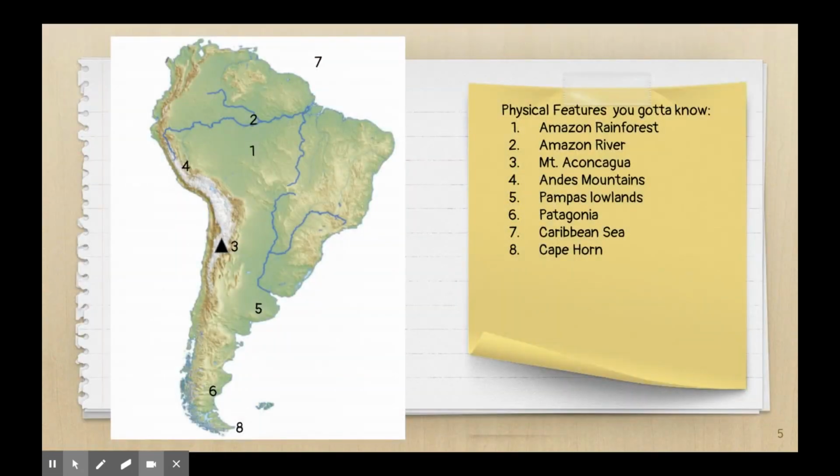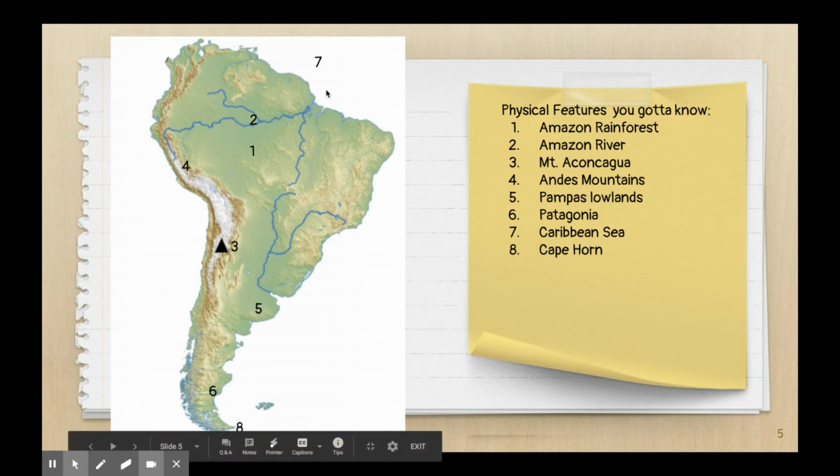Some physical features include the Amazon rainforest, which is right here, the Amazon River, Mount Aconcagua here in the Andes, the Andes Mountains, Pampas Lowlands, Patagonia, the Caribbean Sea, and Cape Horn.